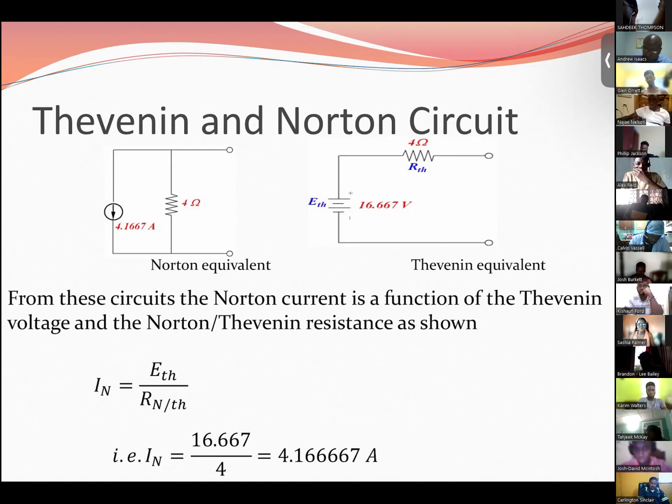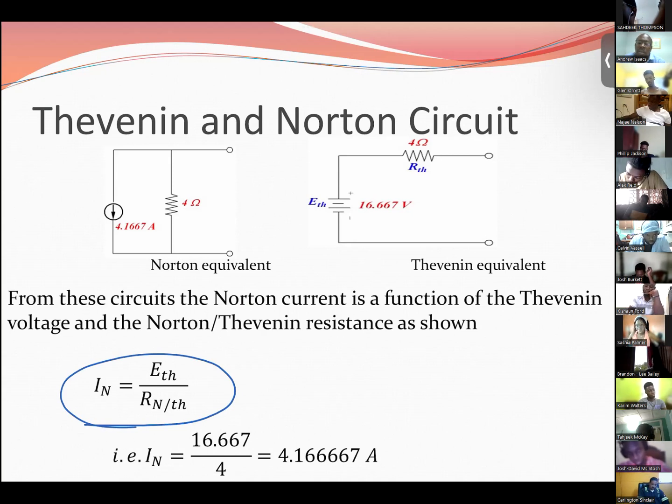However, I'm now highlighting the fact that the Norton current is equal to the Thevenin voltage divided by the Thevenin resistance or the Norton resistance. So the relationship between Thevenin and Norton is that the Norton current is equal to the Thevenin voltage over the Norton resistance.